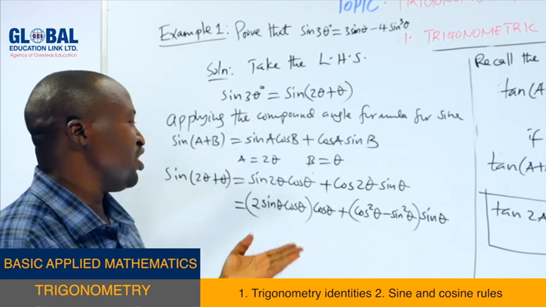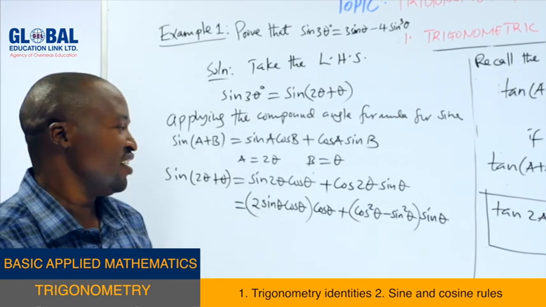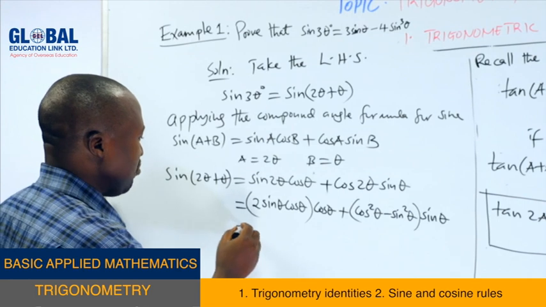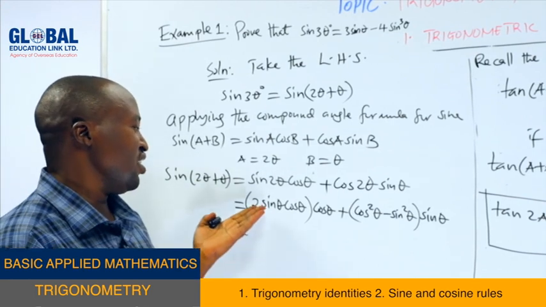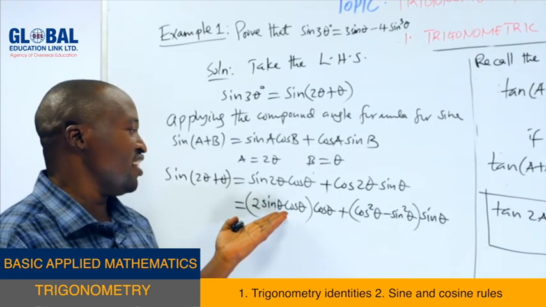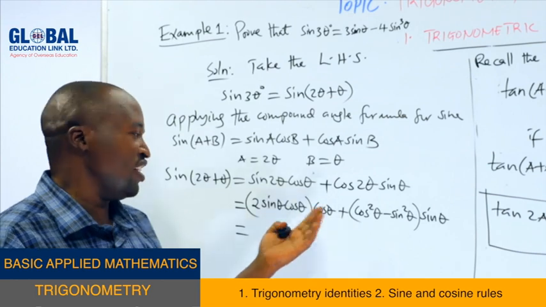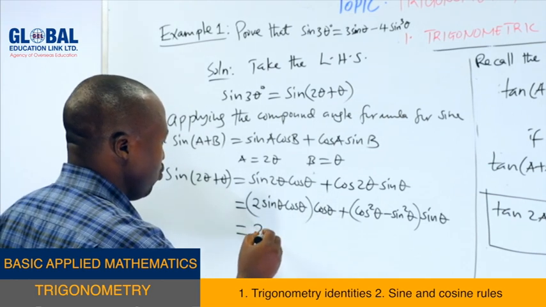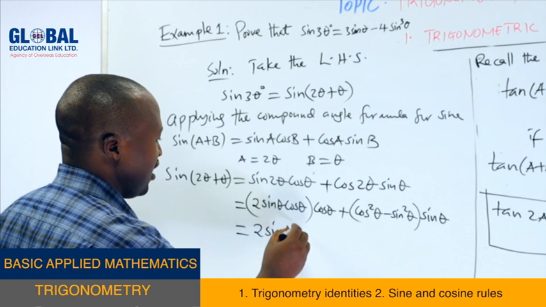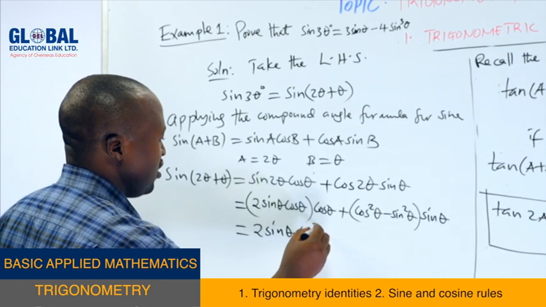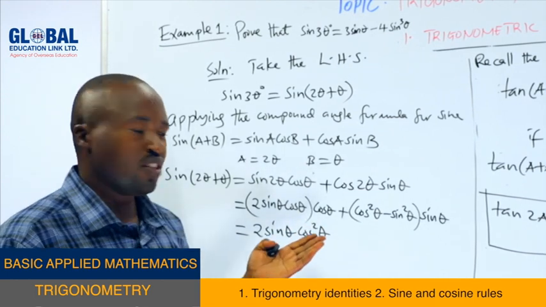Now you are in a position to open up the bracket. We open up the bracket by taking 2 sine theta cos theta times cos theta. So we are going to have 2 sine theta cos squared theta. Why squared?